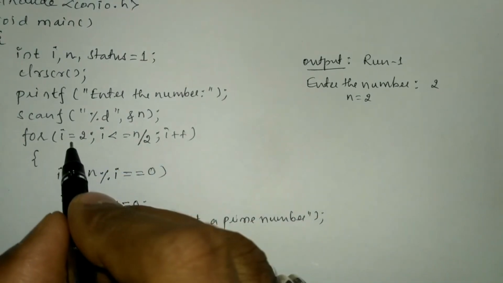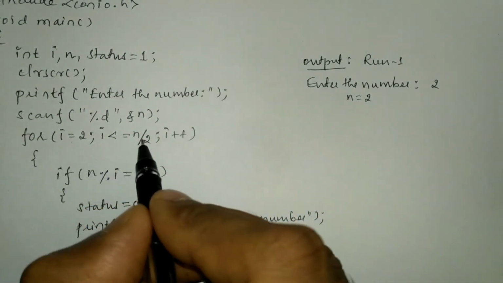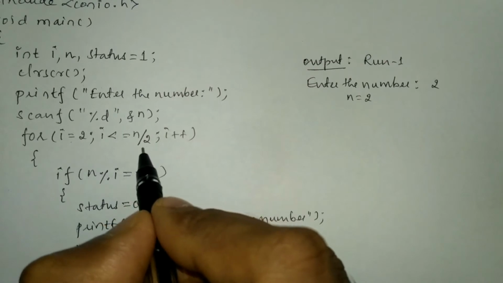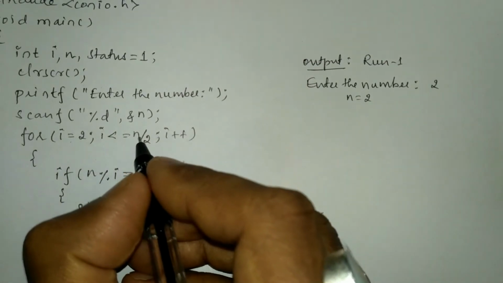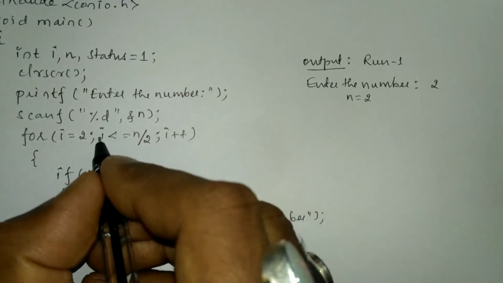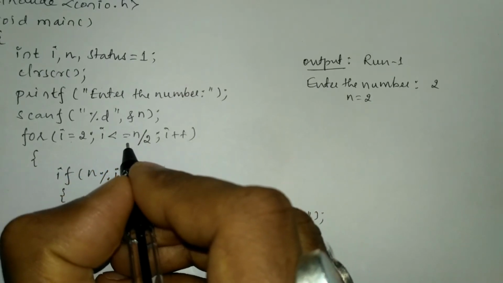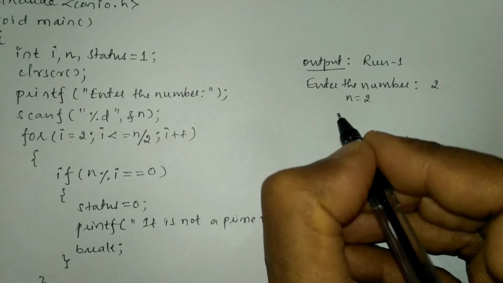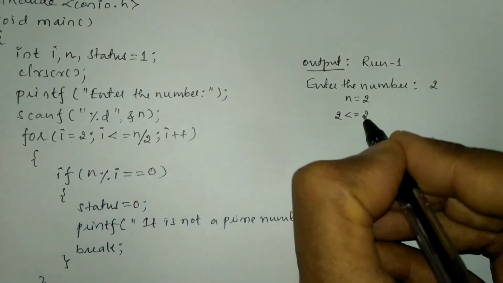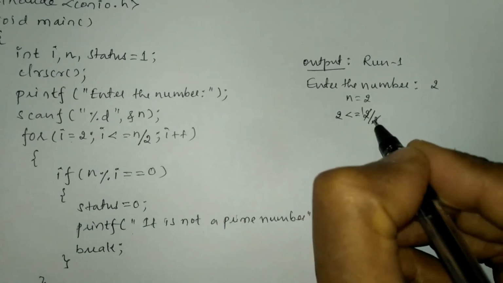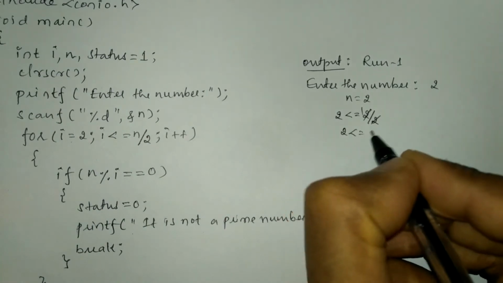Next, for i = 2, i is less than or equal to n / 2. Here n is 2, so it is going to give us 1. So is 2 less than or equal to 1?